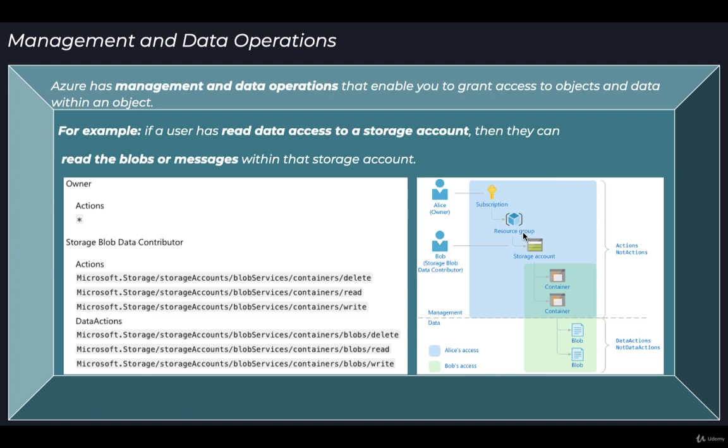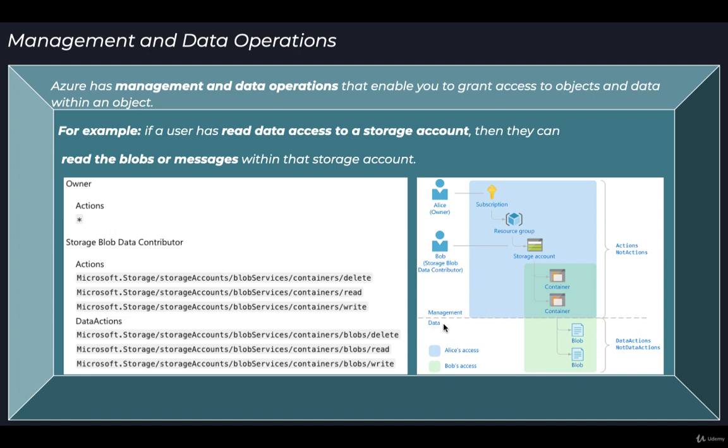Since actions are defined as star, meaning all access, Alice can read, write, or delete the containers. But Alice does not have access at the data plane.